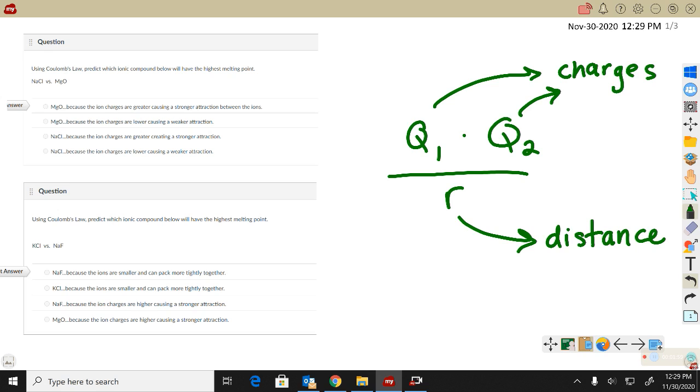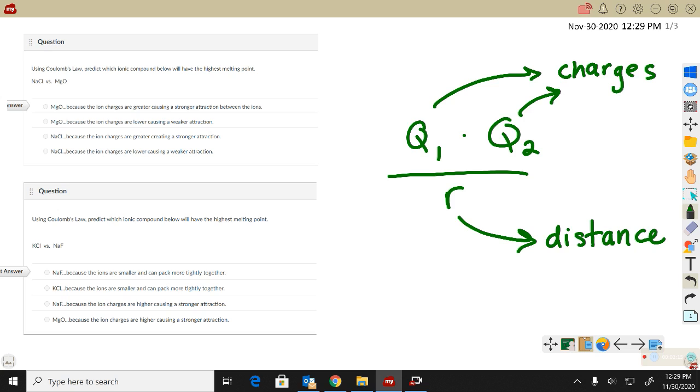So between sodium chloride and magnesium oxide, I want to know which one would have the particles most strongly attracted to each other. And it should be the magnesium oxide. The number one thing we look at is magnitude of charge.